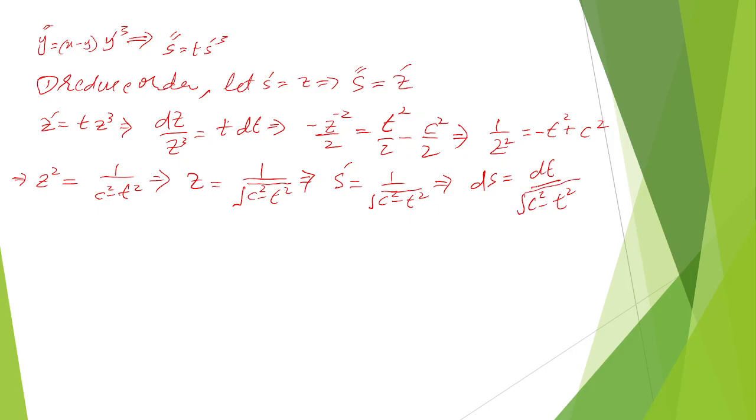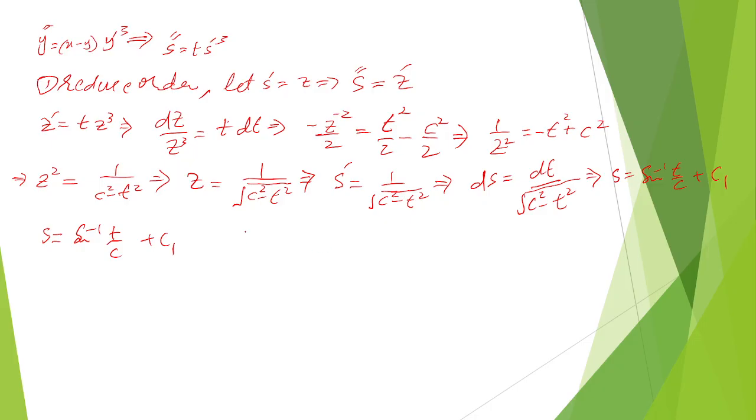After integration, this will give me s is equal to sine inverse of t over c plus another constant. So this is the solution in the t and s coordinate, sine inverse t by c plus some c1.